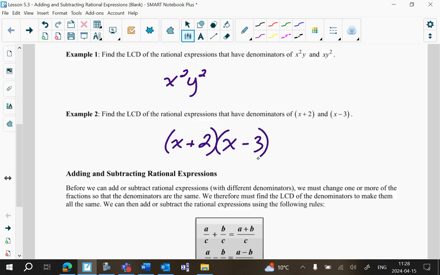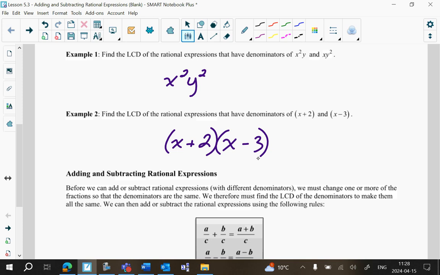That's it. You can always find a common denominator by just multiplying all the denominators. So when we've got binomials like that, just put them together by multiplication. Don't multiply them through.